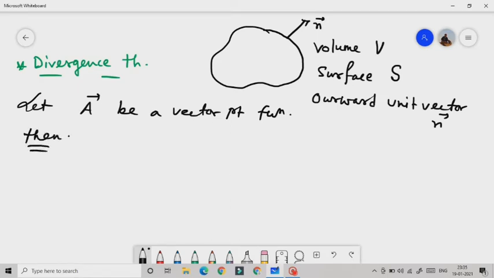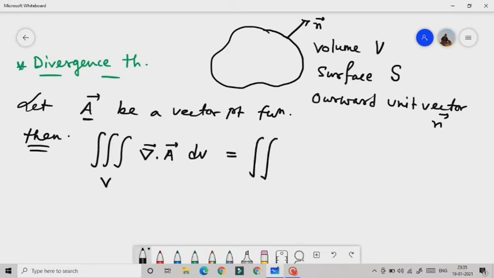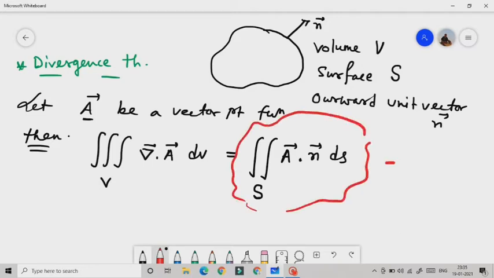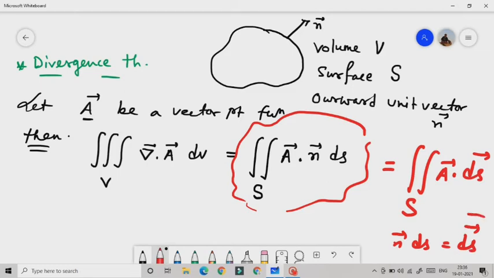Then the divergence theorem says that the volume integral over this V of the divergence of this vector A dV is equal to the surface integral of A dot this unit vector n dS over this surface S. The right part you can simply write as the integral over S of A vector dot dS vector, that means n vector dS.